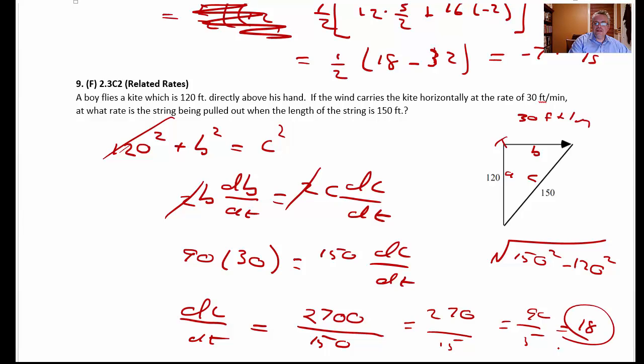Wow. We get dC/dt is 18, and that would be feet per second. Okay, so that's how fast this distance is changing. So if the wind blows a kite 30 feet per minute, then this is changing at 18 feet, I should have said, per minute. So if you were screaming there, I heard you. Units aren't seconds, they're minutes. So 18 feet per minute.